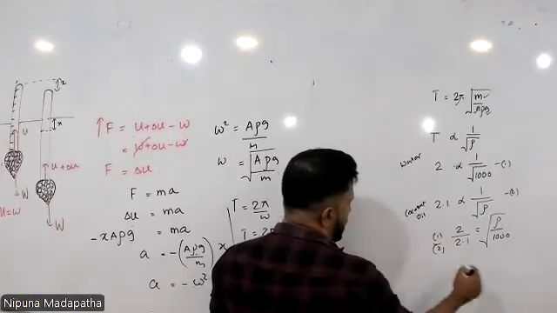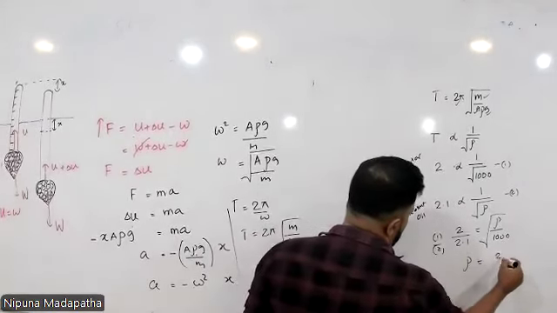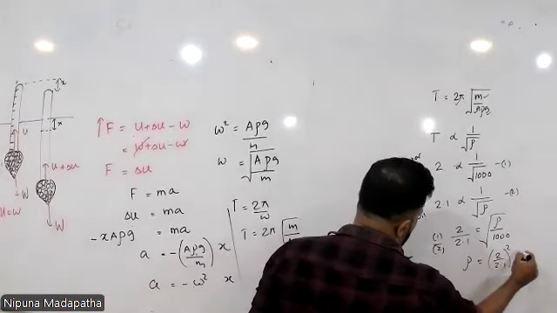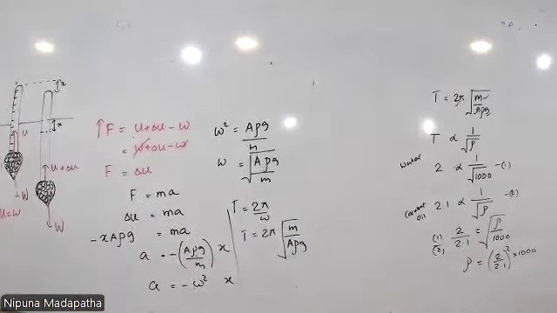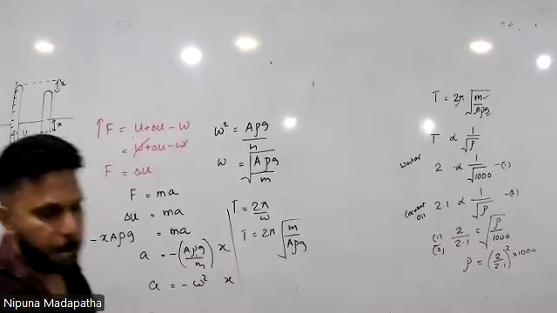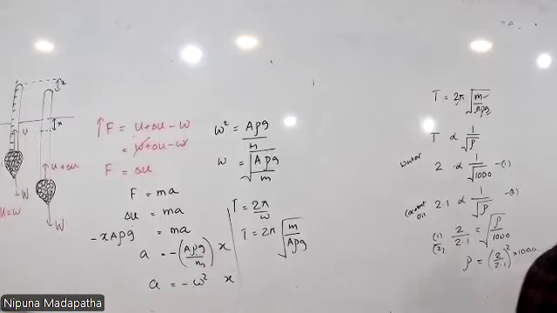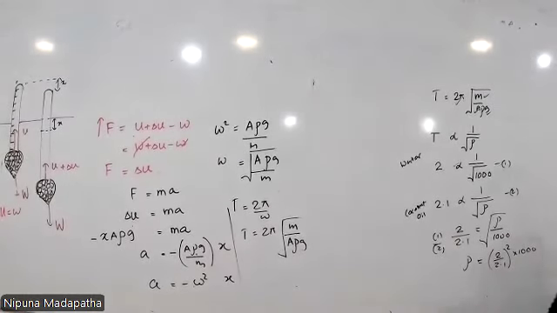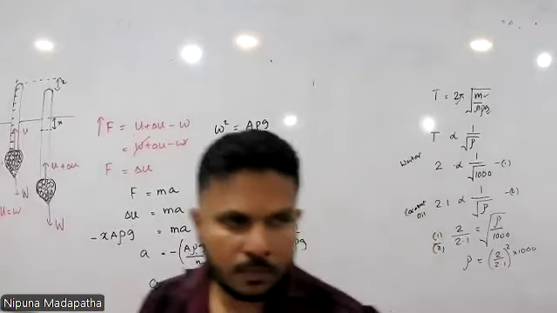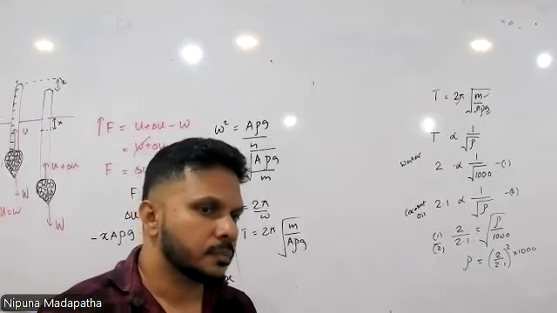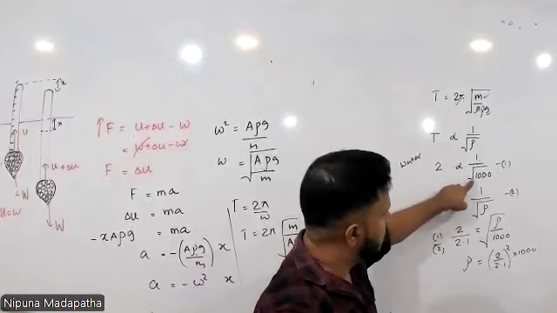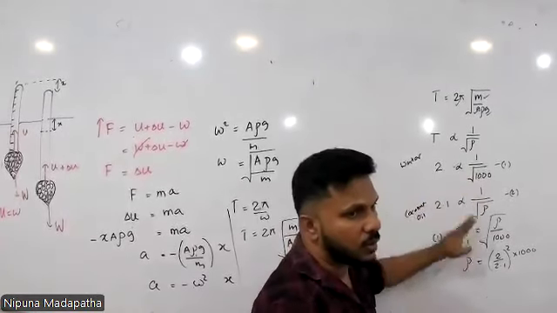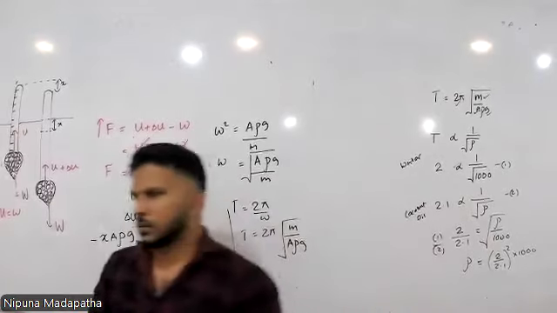Squaring, rho is 2 divided by 2.1 squared times 1000. 1 over root 1000 divided by 1 over root rho.